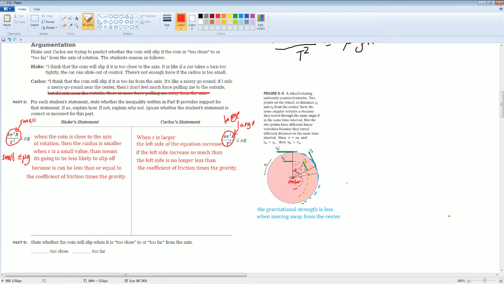No. If this goes large, it's no longer going to be less than or equal to mu times g. So this is going to break, right? That is why the further away you are, you're going to actually feel less of the gravitational pull. Therefore, you're more likely to get away from its attractiveness, okay?